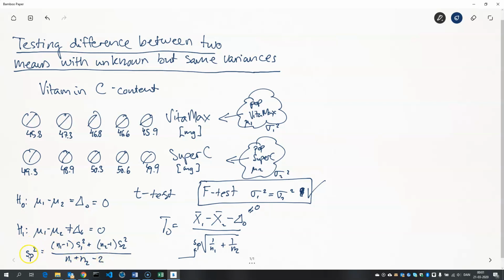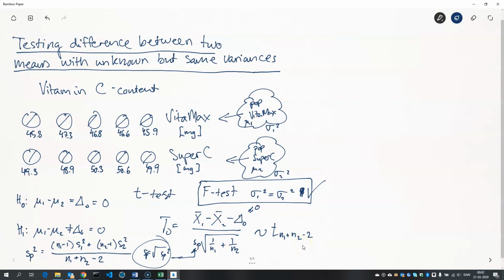And so this is the pooled variance. If we want the pooled standard deviation, then we just take the square root of that, like that. And we have the pooled standard deviation here. And it turns out that this test statistic has a distribution, which is the t distribution. That's why we call it a t0 test statistic. And that t distribution has n1 plus n2 minus 2 degrees of freedom.